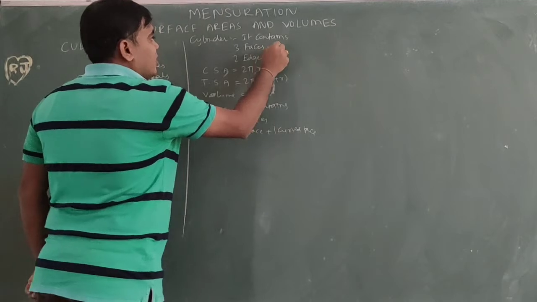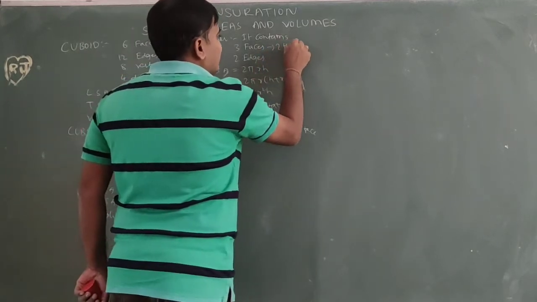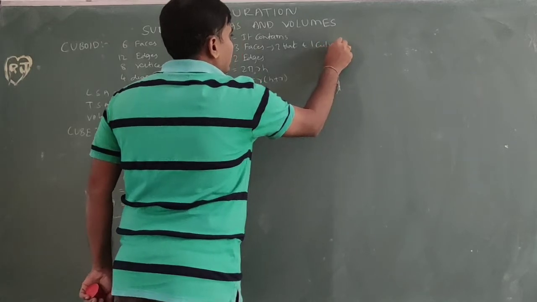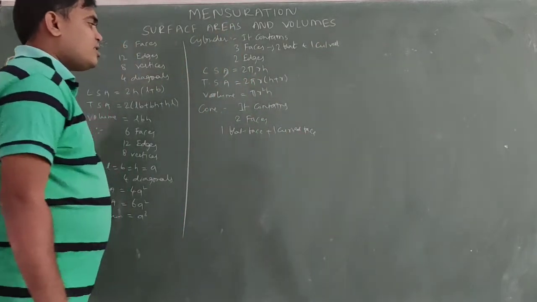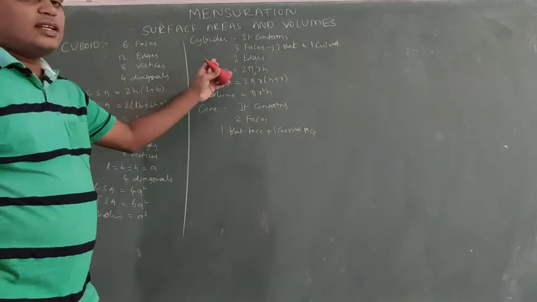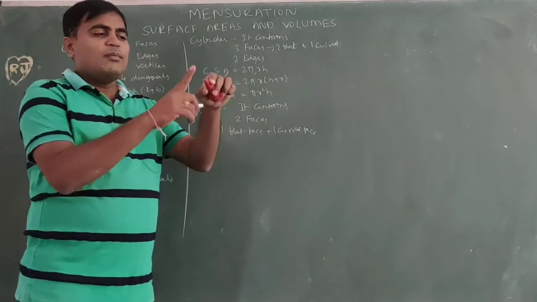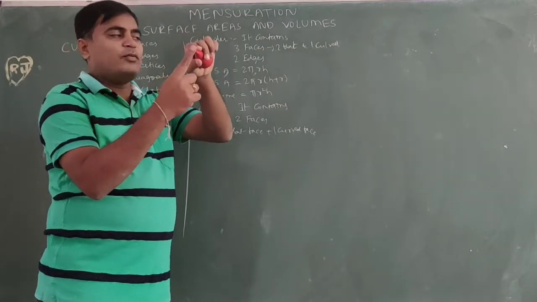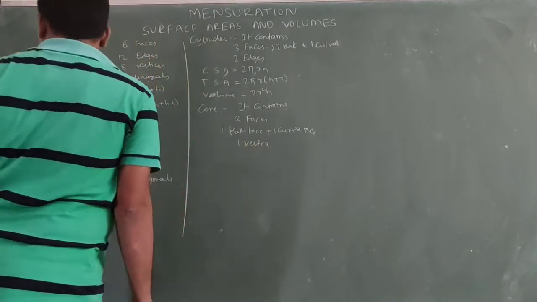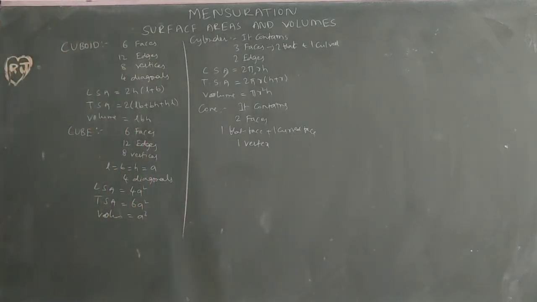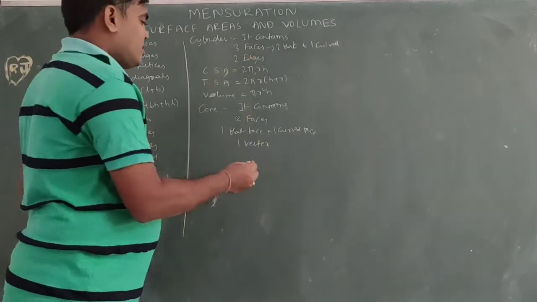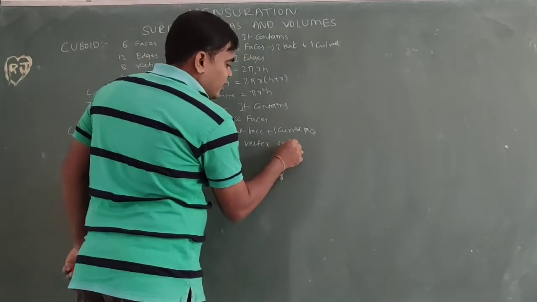A cylinder doesn't contain any vertices, but a cone contains one vertex, and it contains only 1 edge.